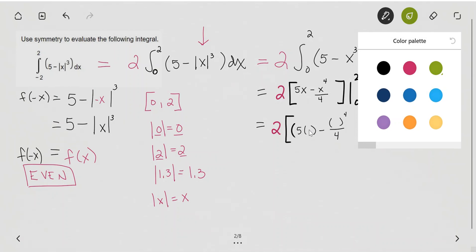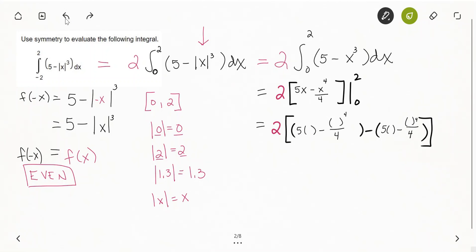Let me substitute those numbers in. When I let x equal 0, these terms are 0, and then subtract them. This is going to come to 0, so we have 0 minus 0, so 0.